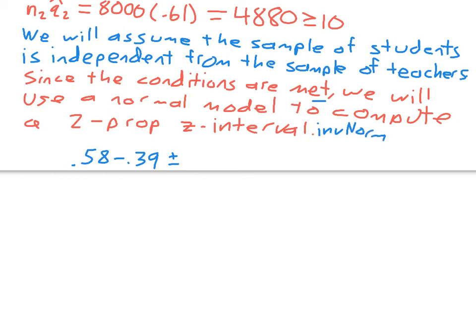We use inverse norm for proportions, inverse t for means. So if 90% is in the middle, that means 5% is in each tail. So inverse norm 0.0501. And that gives us negative 1.645.